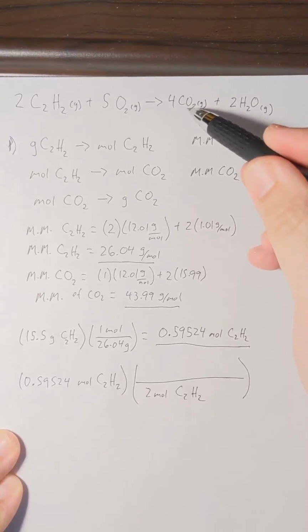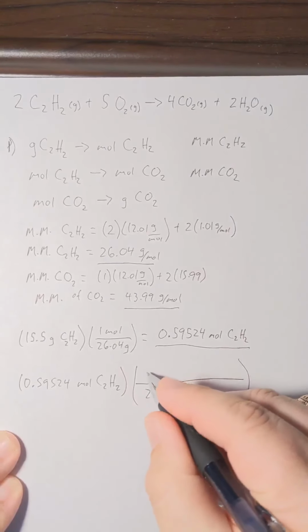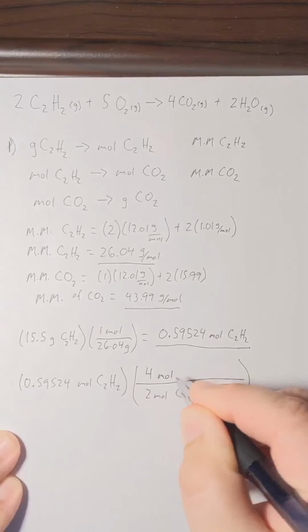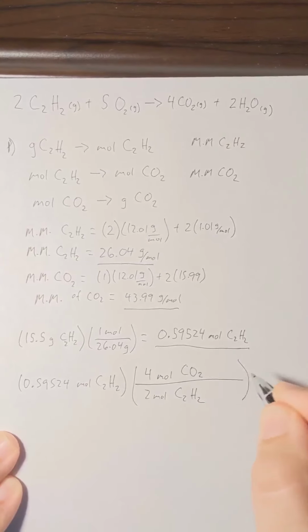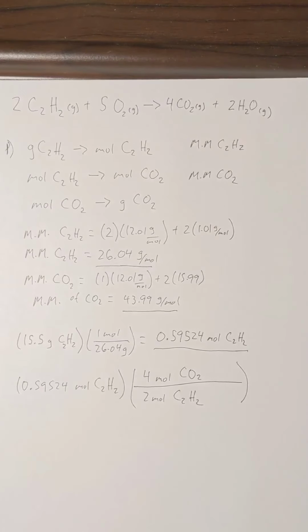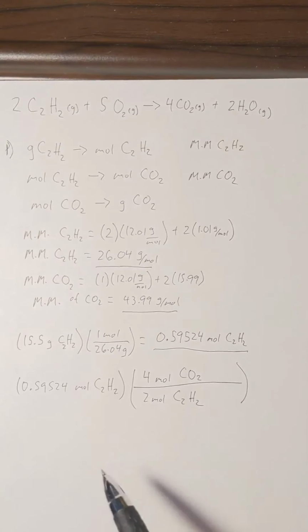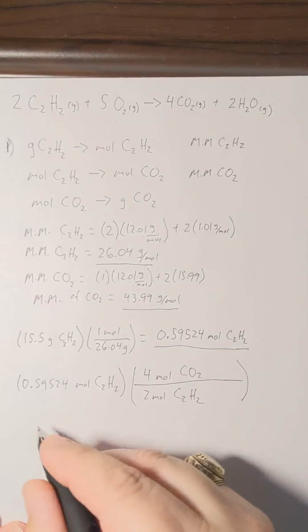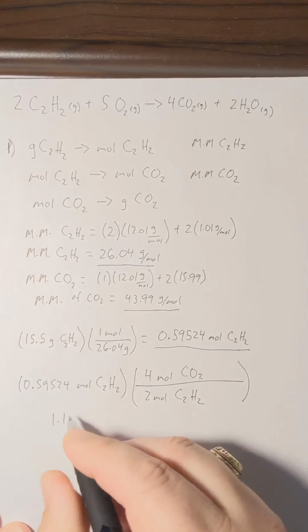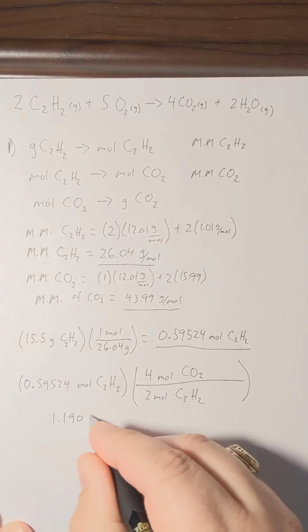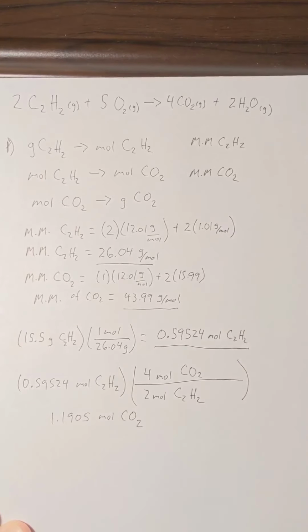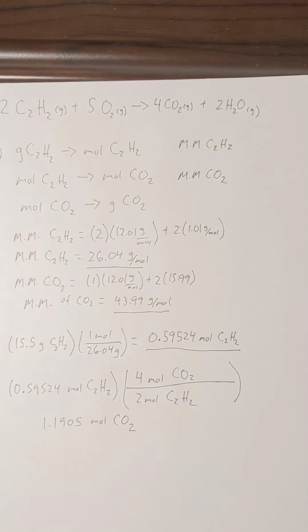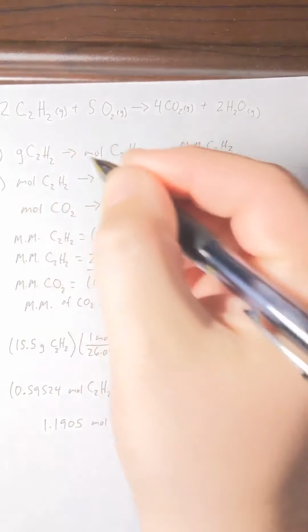And we want to find out how many moles of CO2 that we'll make. So our moles of CO2 from the equation will go in our numerator, so 4 moles of CO2. And so now we'll input this into the calculator. And we see that we should make 1.1905 moles of CO2. And now that finishes off step 2.